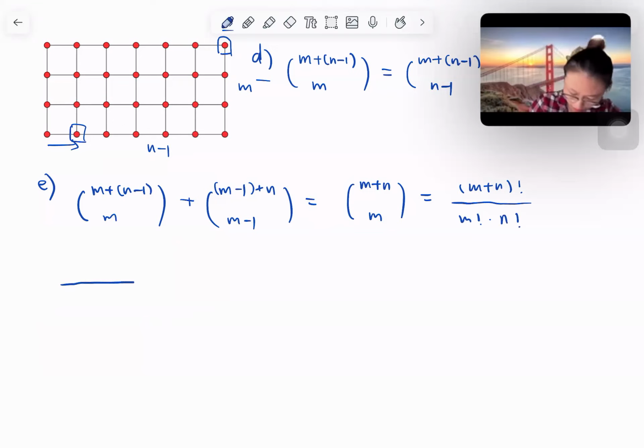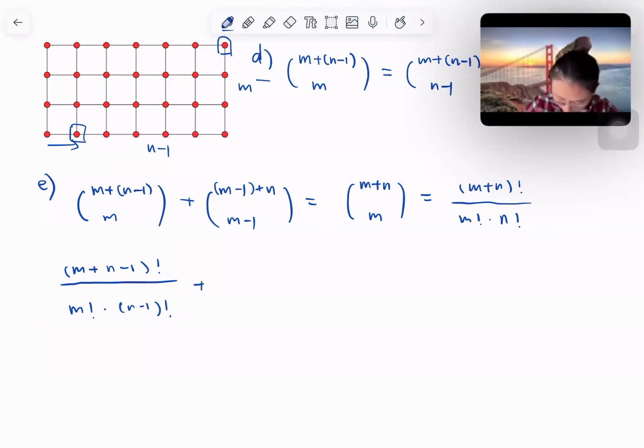And for this one, based on the formula, it should be n plus n minus 1 factorial divided by n factorial times n minus 1 factorial, plus n plus n minus 1 factorial divided by n minus 1 factorial times n factorial.